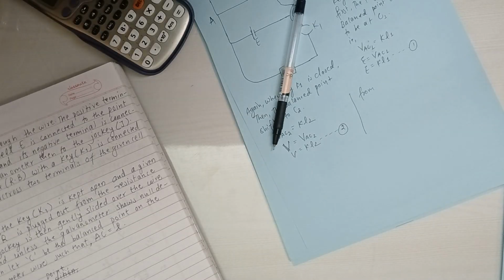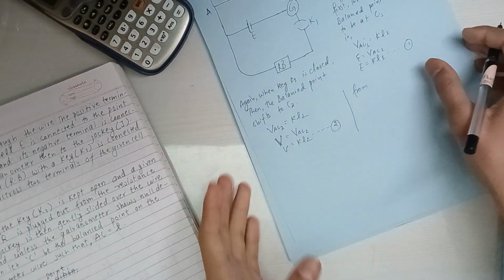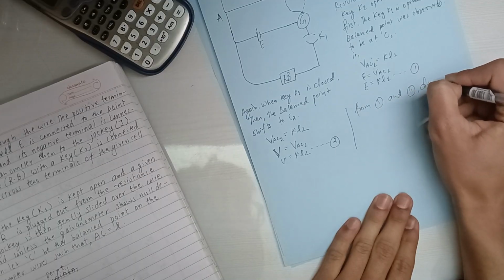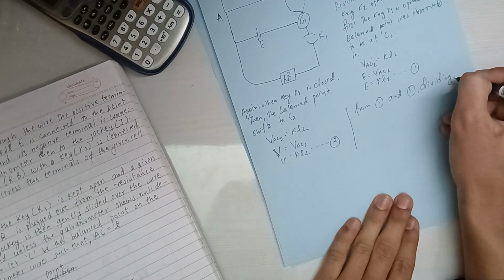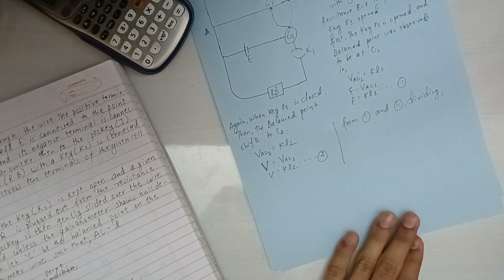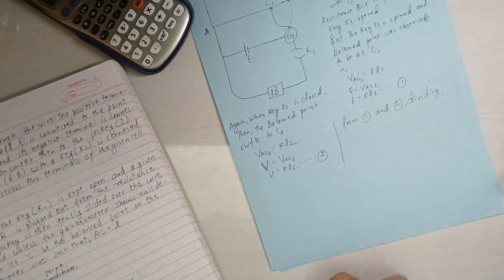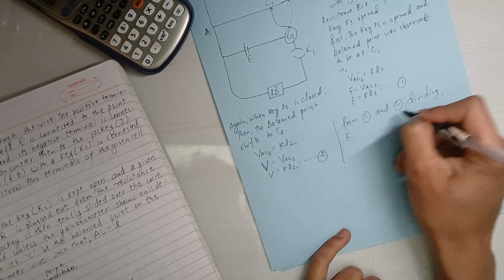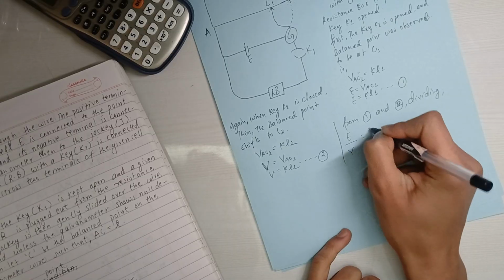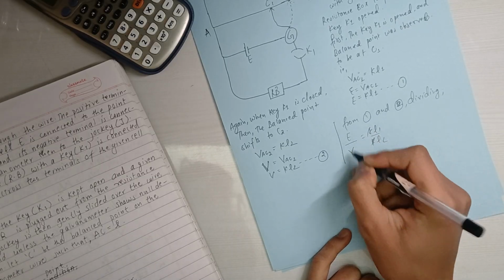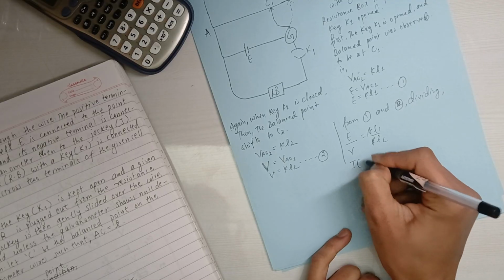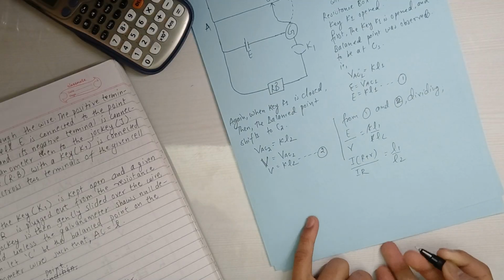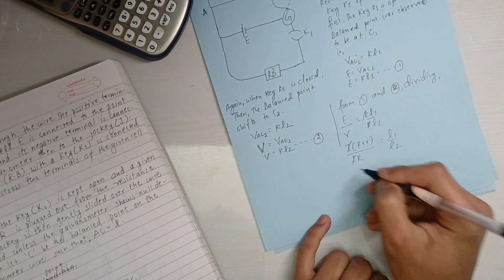So from equation 1 and 2, if you divide them, you will get E by V equal to KL1 by KL2. K cuts off. E means I(R plus r) and V is just IR, equal to L1 by L2. Now the I's cancel because they are the same.